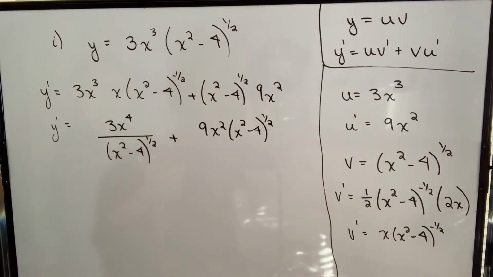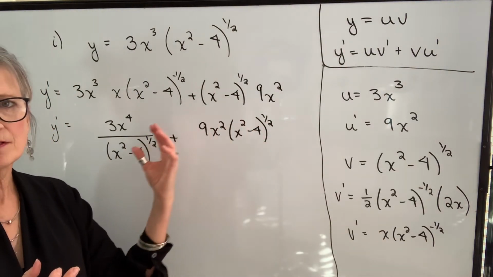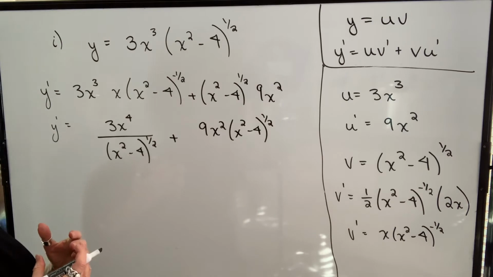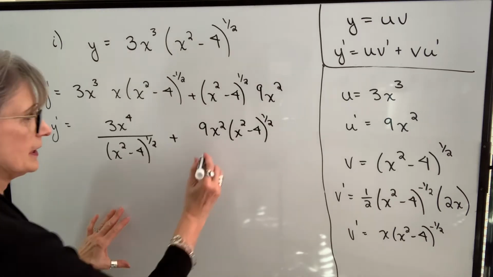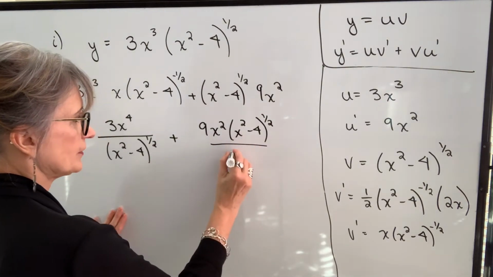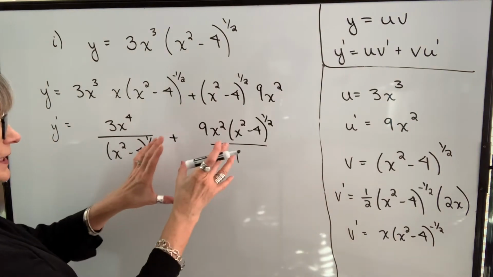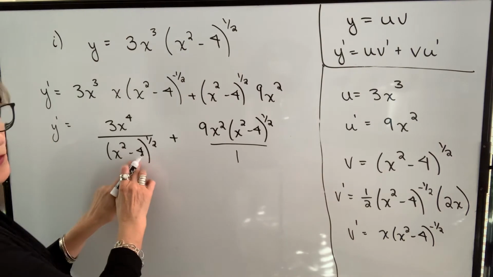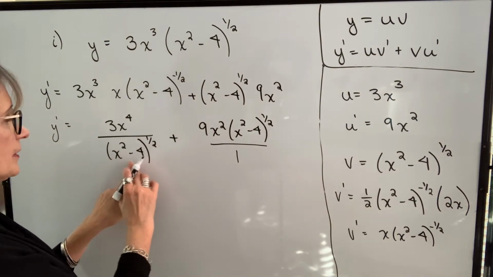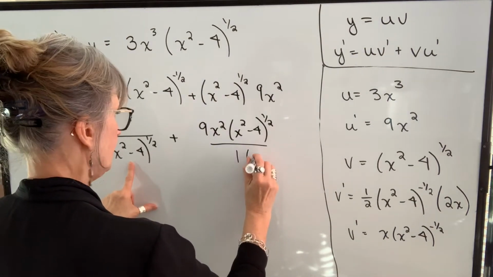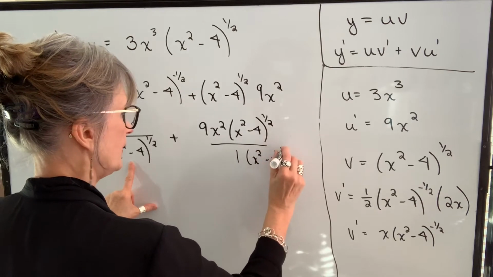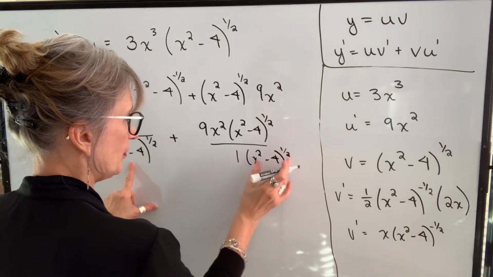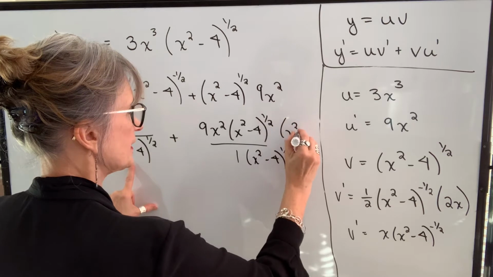And usually you're going to be expected to combine these terms. So in order to do that, we need a common denominator. This doesn't have a denominator, so the denominator is 1. So I need an equivalent fraction to this, but with this as the denominator. This is my lowest common denominator. So I'm going to multiply the denominator by x squared minus 4 to the 1/2. And whatever I multiply the denominator by, I multiply the numerator by the same thing.